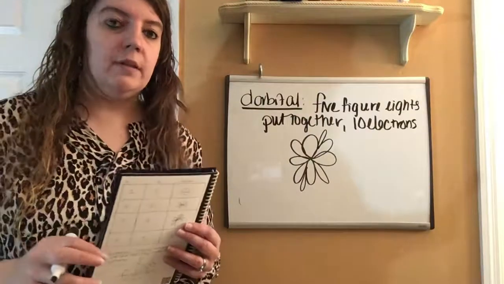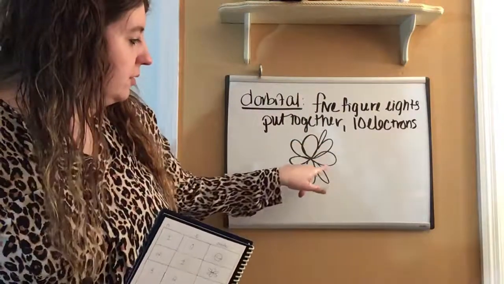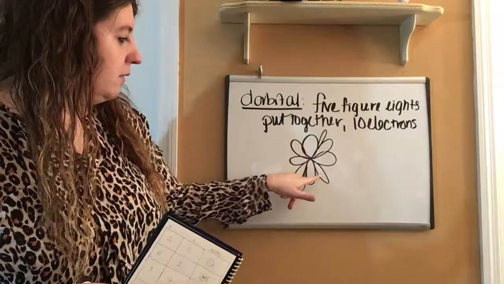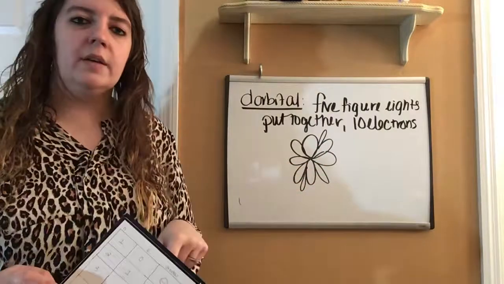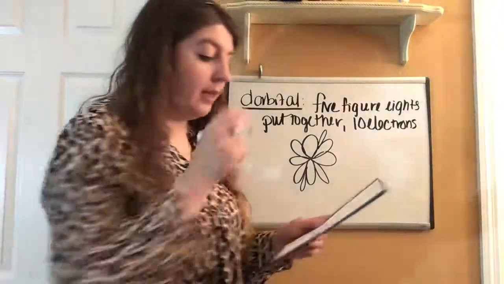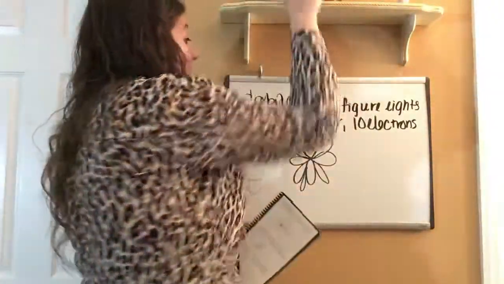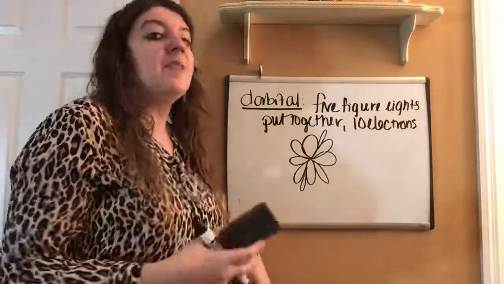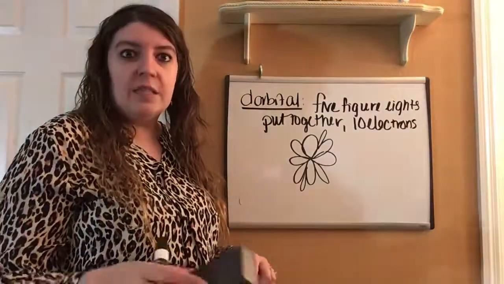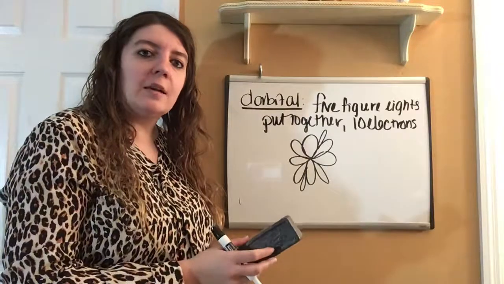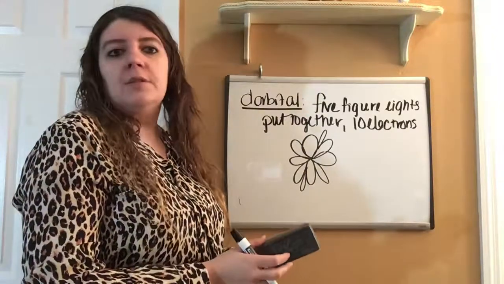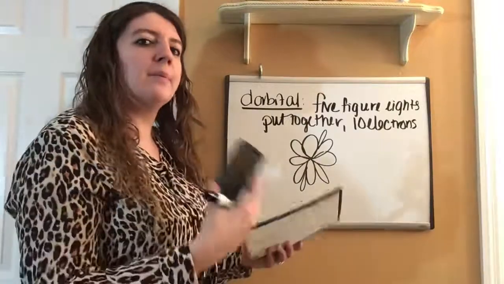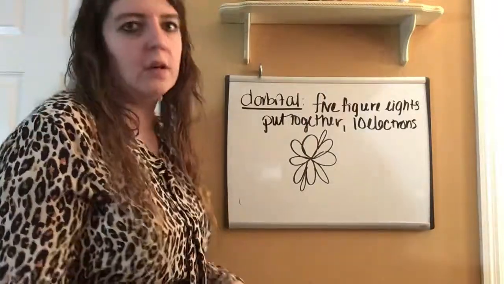So 1, 2, 3, 4, 5. 1, 2, 3, 4, 5. Okay? 5 figure eights. So this contains 10 electrons. Okay? So it's the next step up. And that's why we get this D sub xy and D sub yz. Don't need to really be concerned with those numbers, but it just gives you an idea of how we apply those quantum numbers that you were looking at in the previous table that we did.